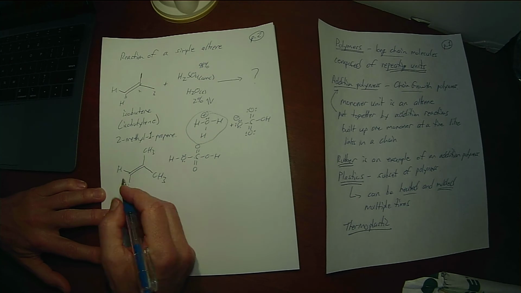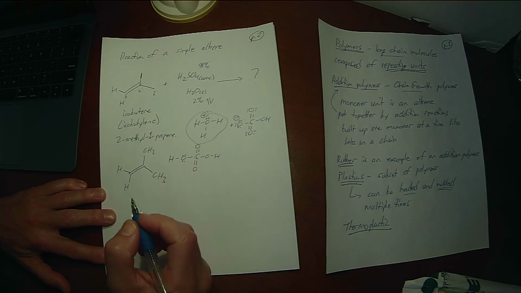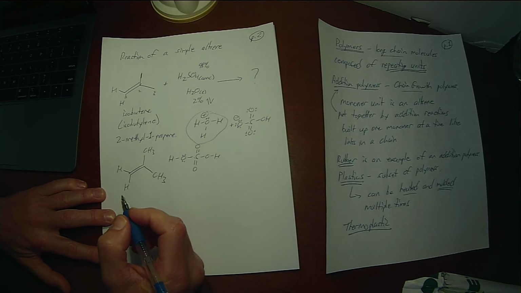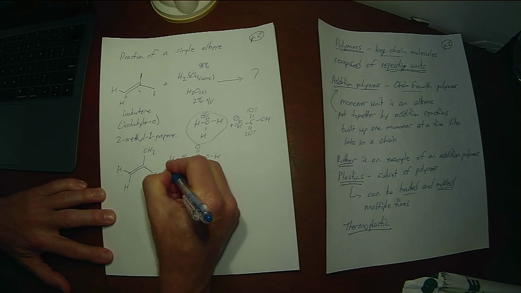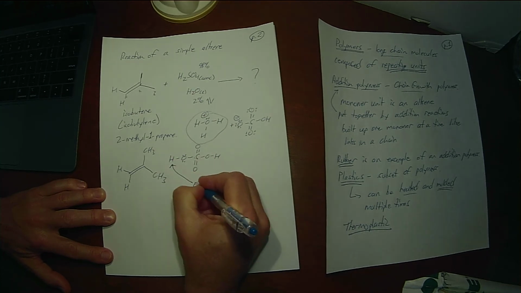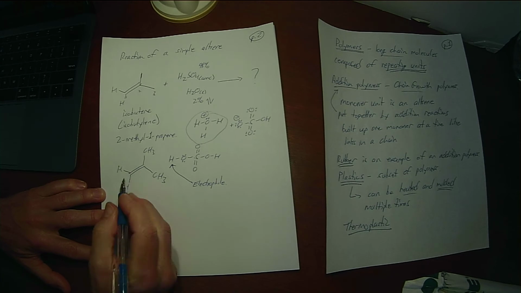So we would protonate that. On which end of the double bond would we protonate? So this is the electrophile, right? Hydrogen. And the electrophile always goes to the less substituted end.